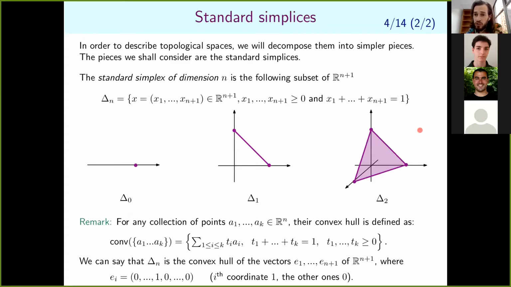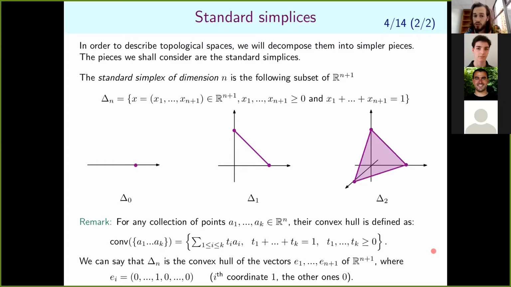And there is an interesting way of seeing that. Let me introduce the notion of convex hull. Take any collection of points in R^n, A_1 to A_k. I define their convex hull as this set. So this is the set of linear combinations of the points A_1 to A_k, such that the coefficients are all non-negative and such that their sum is 1. All right?